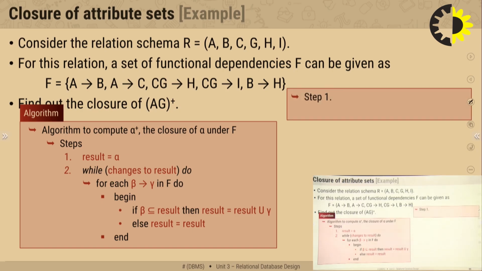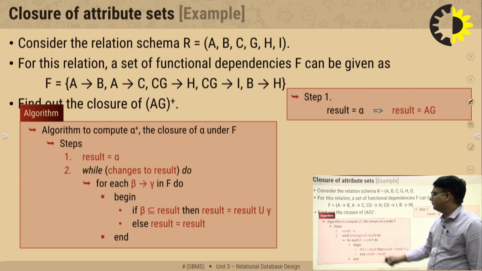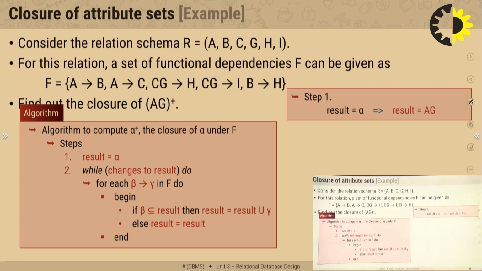Now step number 1 is initially result equal to alpha, so here the result equal to AG, because AG is the attribute set for which we have to compute the closure.